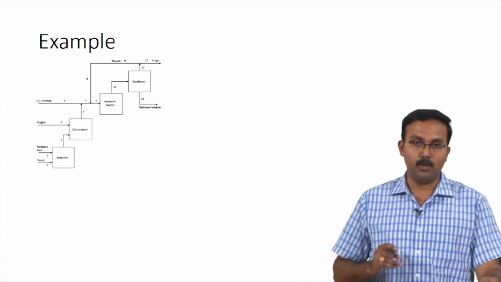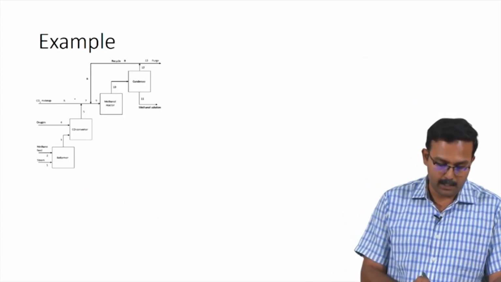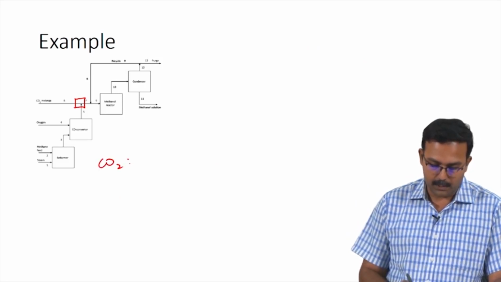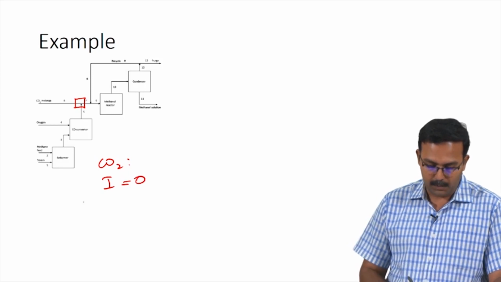Now that we know 128.7 moles of CO2 is present, we can write a balance for the mixing point for CO2. The CO2 balance for mixing point would be input equals output. So, you have two inputs here.